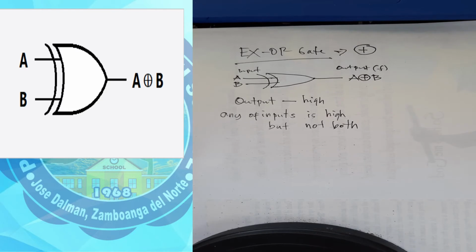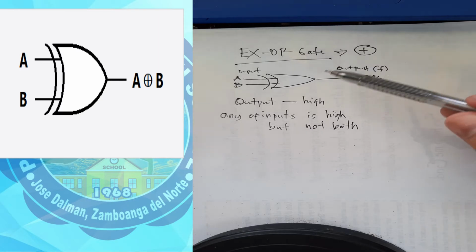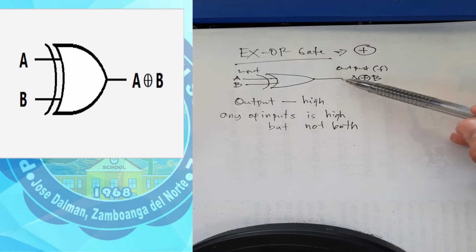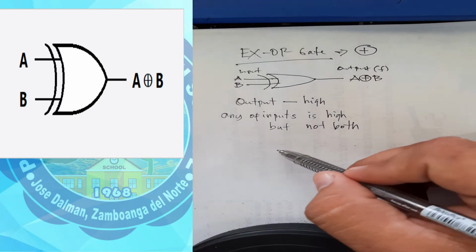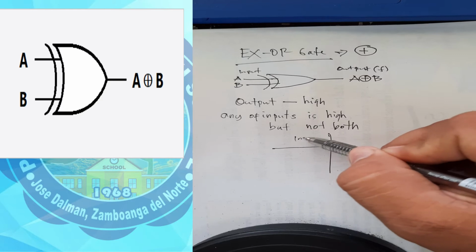Again, an XOR gate uses an encircled plus sign to indicate an XOR. The symbol is this one. So if you have inputs A and B, the output will be A encircled plus B. So, according to the definition, this is your input.